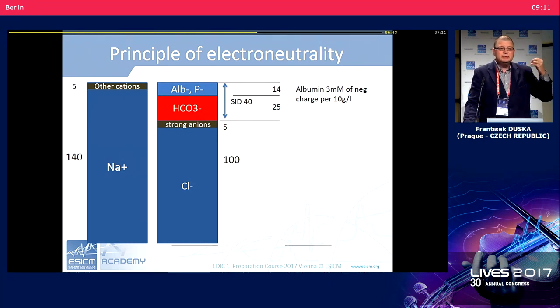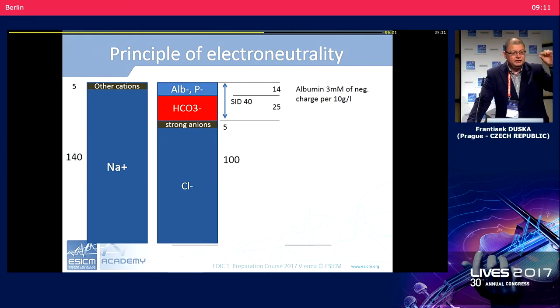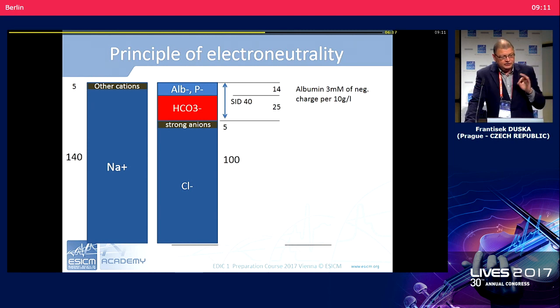So this explains why low chloride, or more precisely a higher difference between sodium and chloride, causes alkalosis, and vice versa. If the space between sodium and chloride is narrow, then because the charges on albumin are fixed, the concentration of bicarbonate is lower and there is a metabolic acidosis.